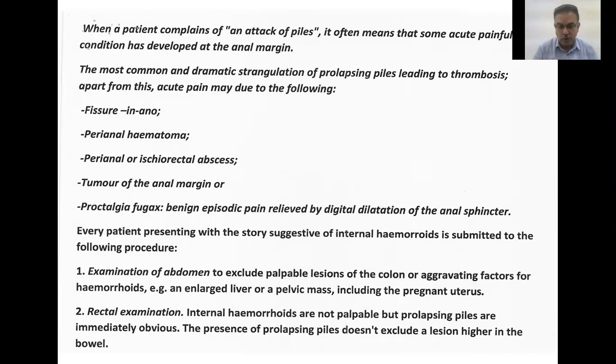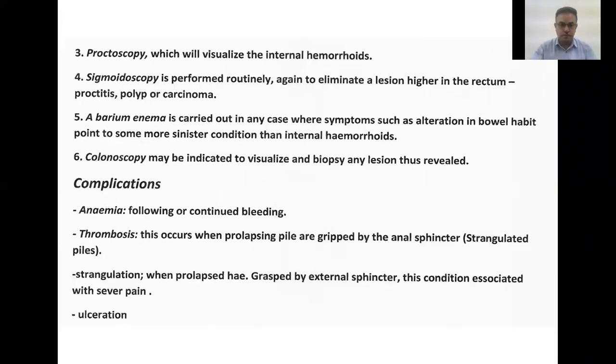The presence of prolapsing piles does not mean only hemorrhoids; it may mean carcinoma of the rectum. Proctoscopy will visualize the internal hemorrhoids, the anal canal and lower rectum, and the origin of internal and external hemorrhoids.